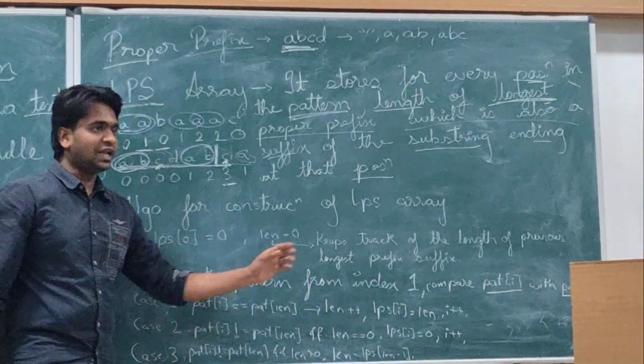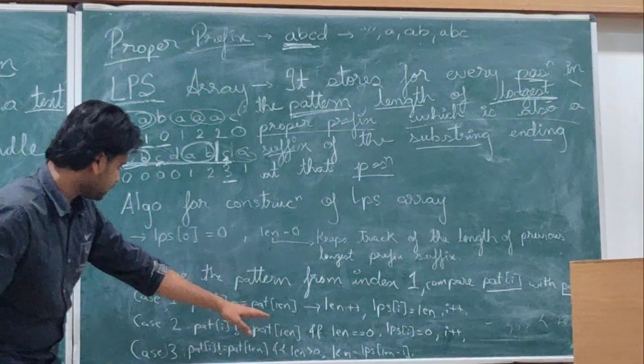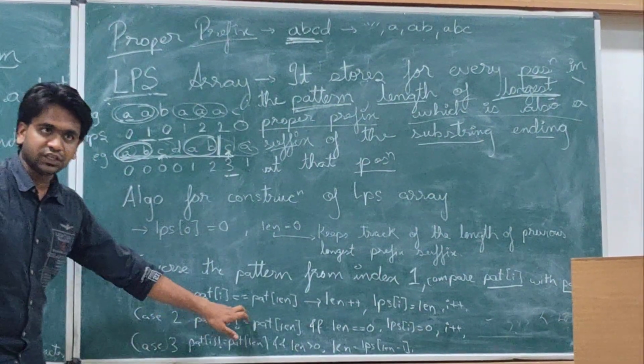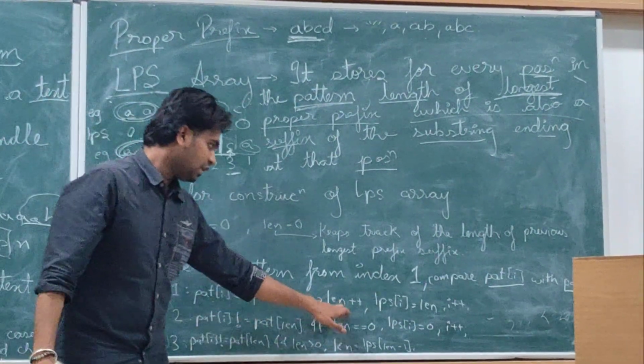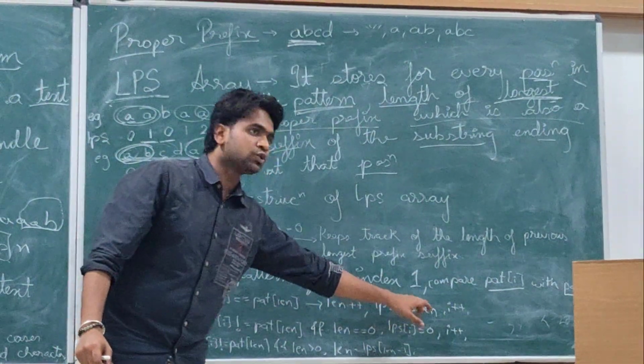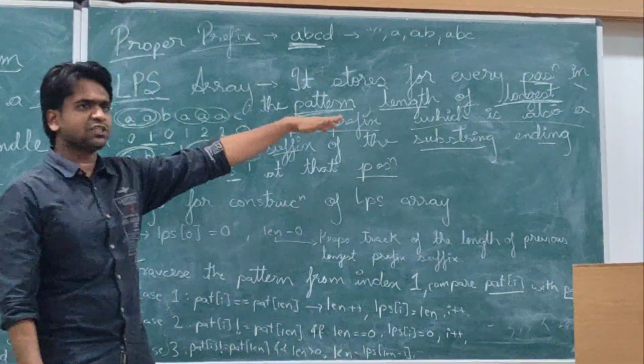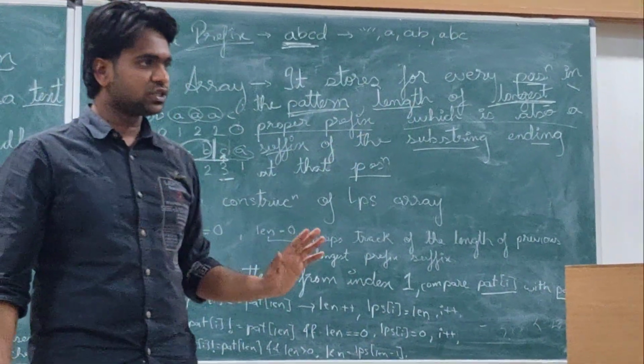Length. So that is what I have written here. If pattern of i is equal to pattern of length, length plus plus, LPS of i equal to length, and i plus plus. You are moving on to the next.